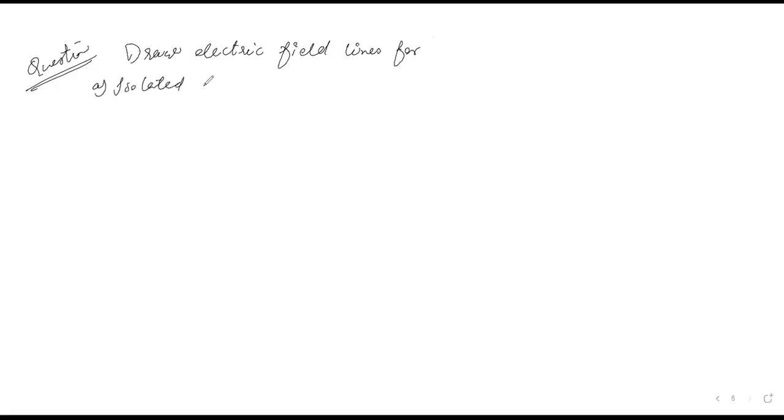Now we are taking a question. Draw electric field lines for: A, isolated positive charge. B, isolated negative charge.